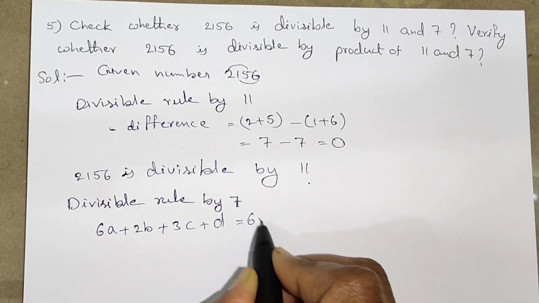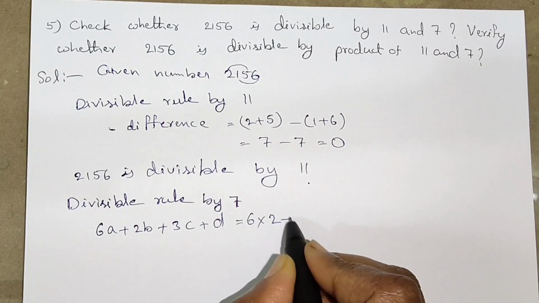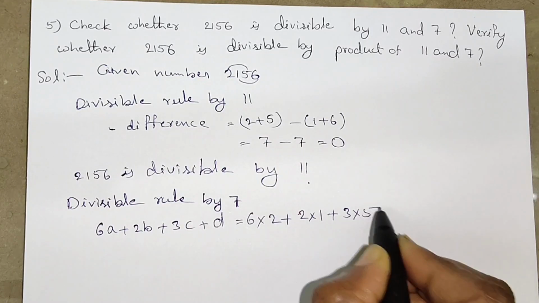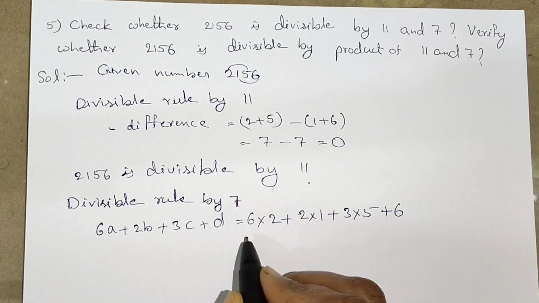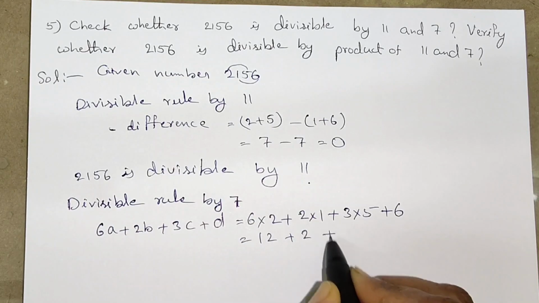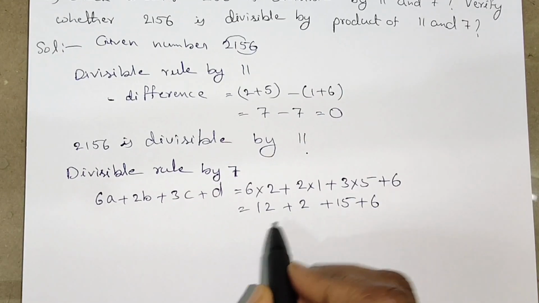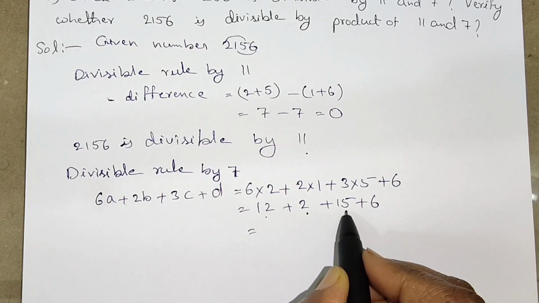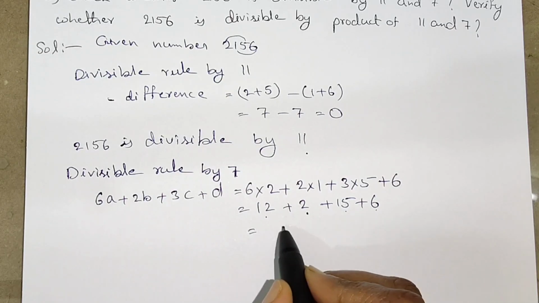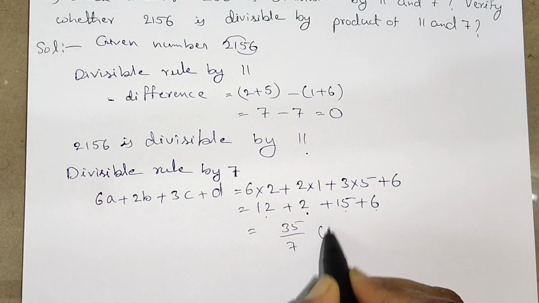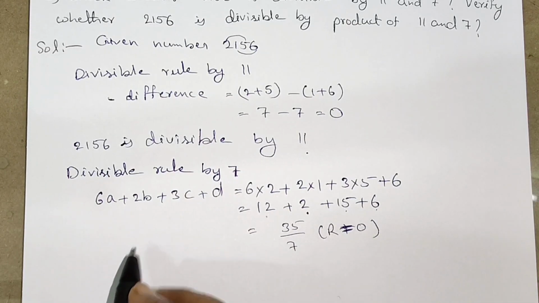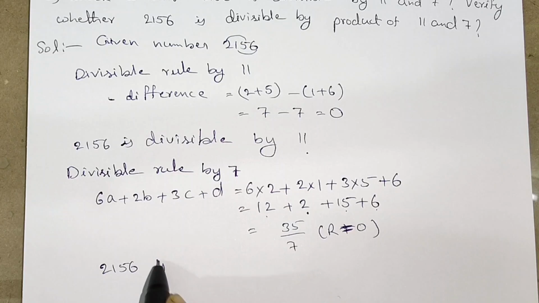So here we write 6 into 2 plus 2 into 1 plus 3 into 5 plus 6. So 12 plus 2 is 14, 14 plus 15 is 29, plus 6 is 35. 35 is divisible by 7. Here the remainder equals 0, so 2156 is divisible by 7.